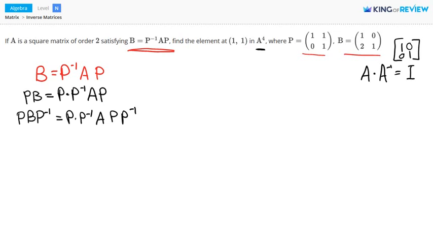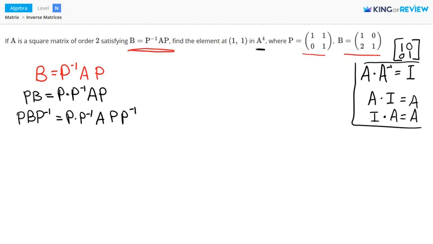One feature about an identity matrix is if you multiply any matrix, let's call it A, times an identity matrix, you will get, for the product, the original matrix. This also works for I times A. You'll get A. So I want you to keep this in mind as we're solving this problem.